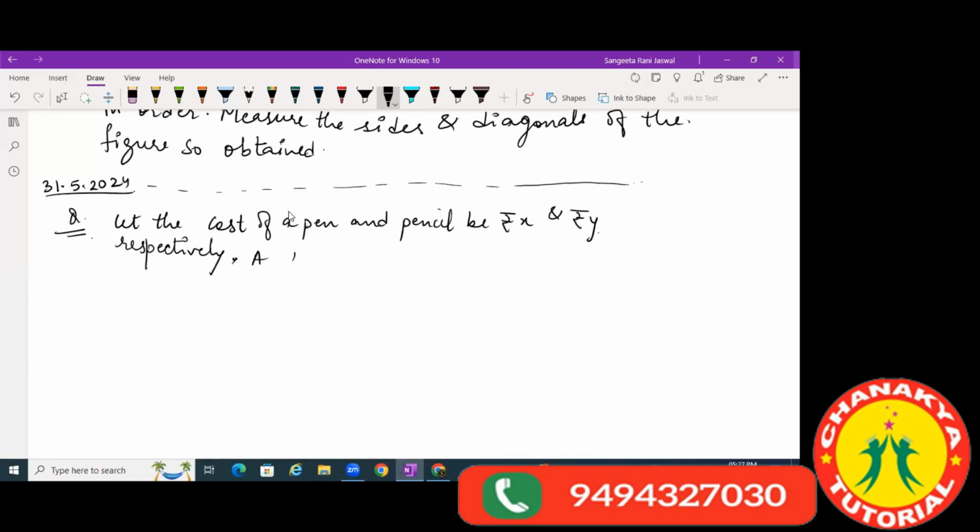The girl pays rupees 24 for 6 pens and 3 pencils.